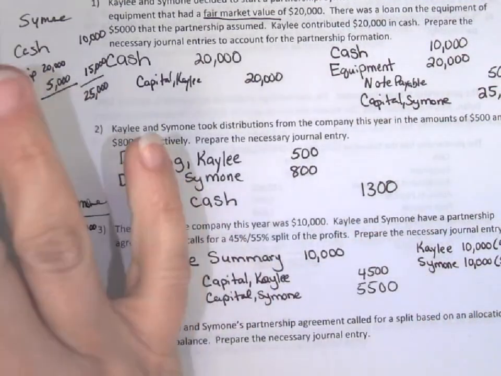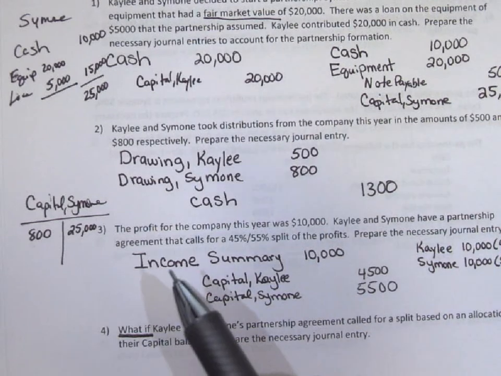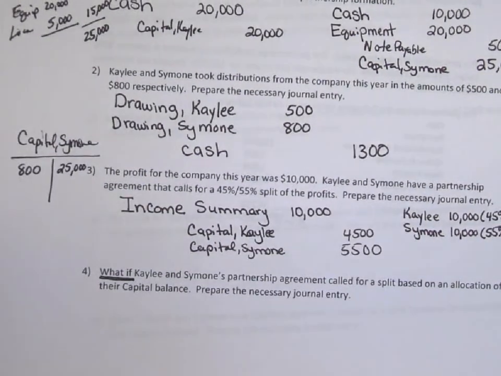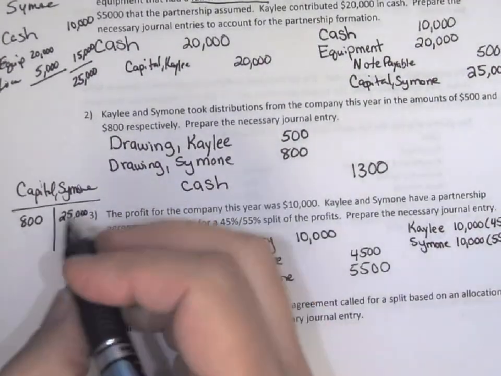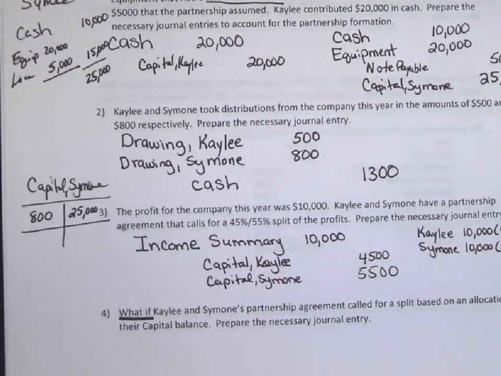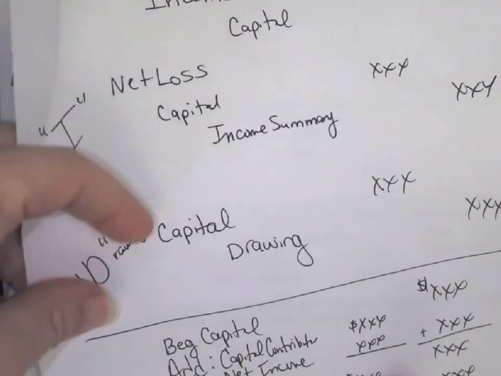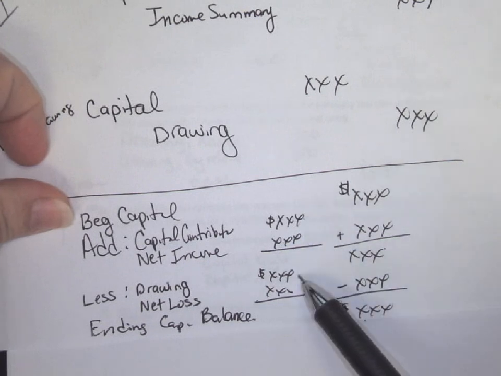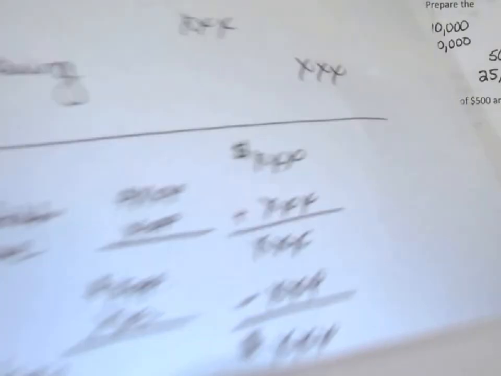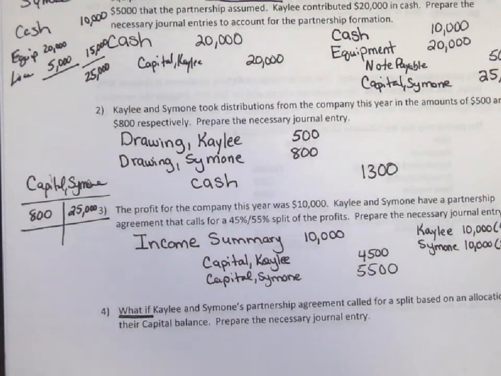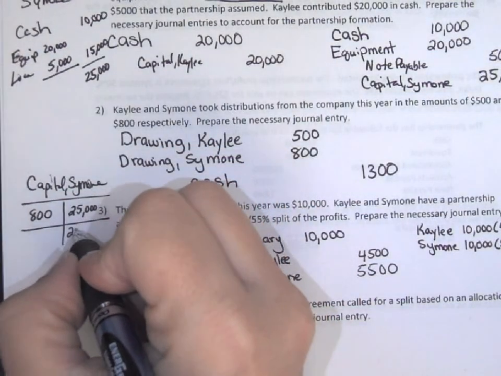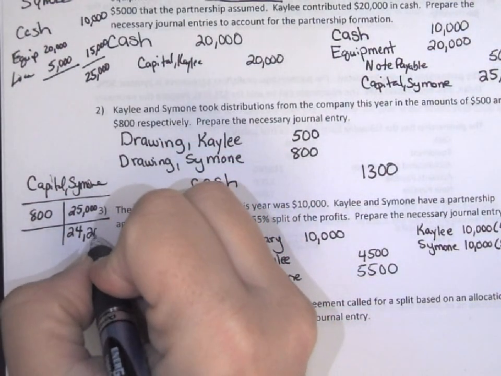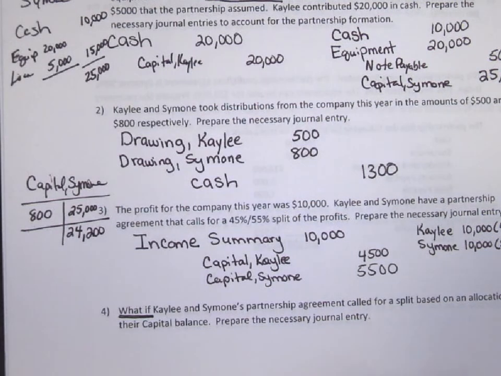Now I don't have all of these journal entries out here because I don't have that drawing journal entry, but if I had that journal entry, then this is really what it would look like. If we went back to look at figuring those balances, we would look at what they contributed and whether they took any money out to get to that ending balance. So this balance right now is going to be $24,200 for Simone's.